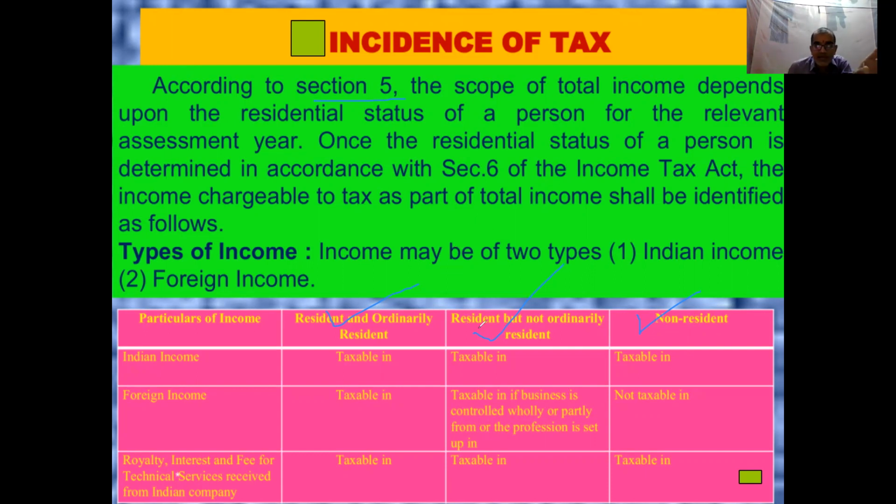A person will be treated as resident but not ordinarily resident if he satisfies at least one primary condition and at least one of the additional conditions. But if he does not satisfy any primary condition, you need not check additional conditions. He will be a non-resident. Is it clear, dear students?